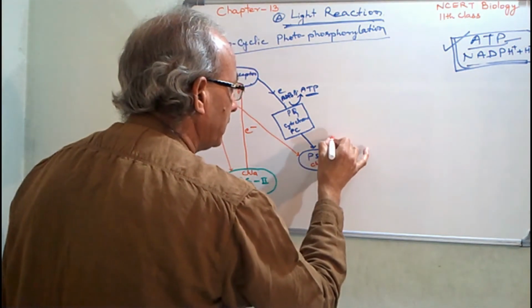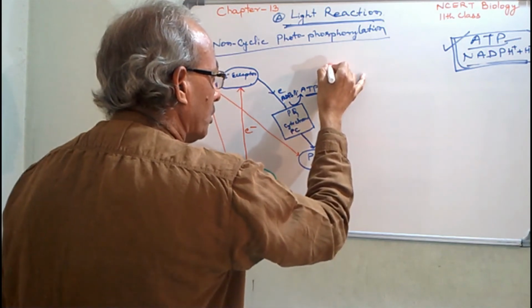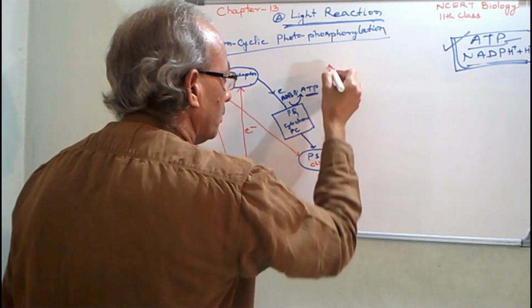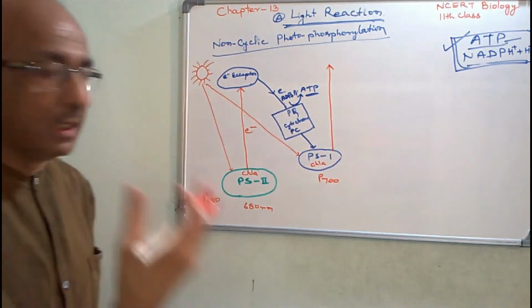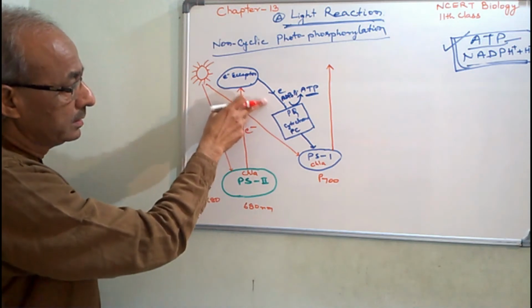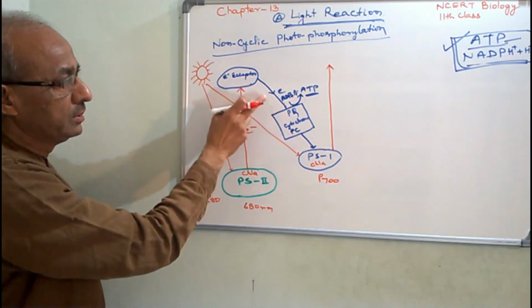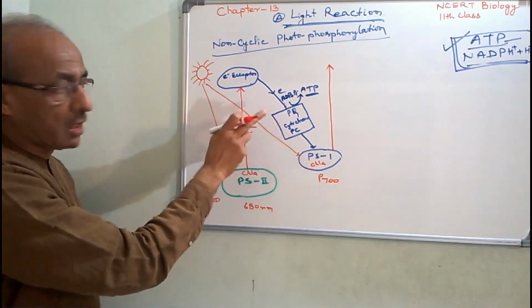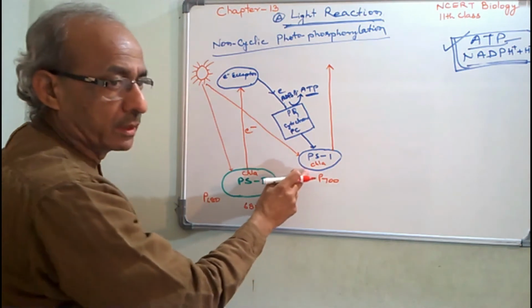And after that, the excited electron jumps upward, uphill. Here the electron after this point moves downward, downhill movement up to here.